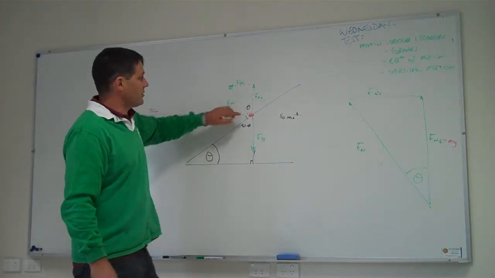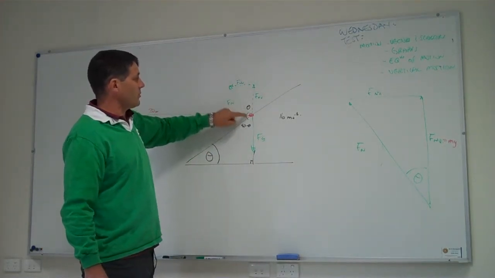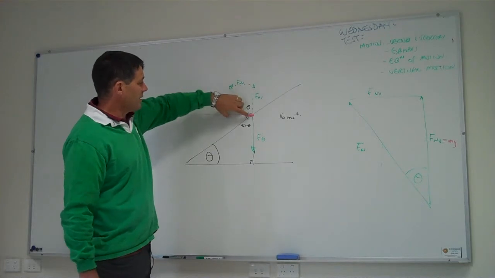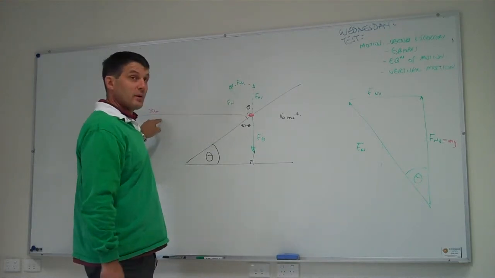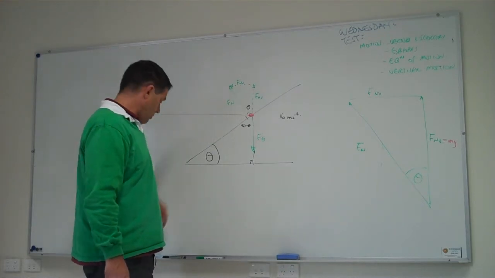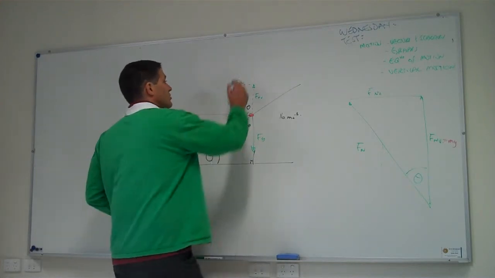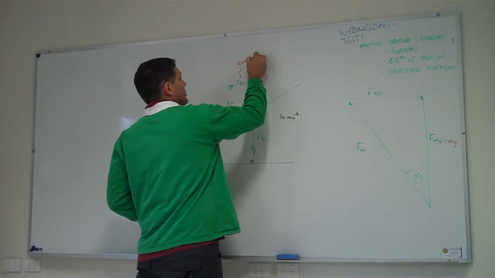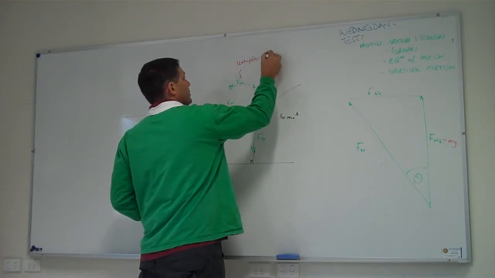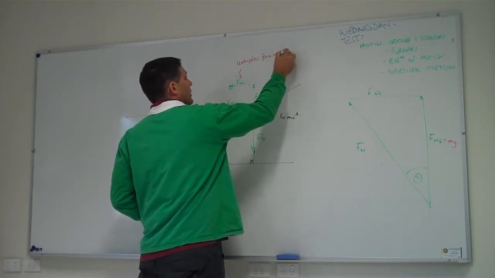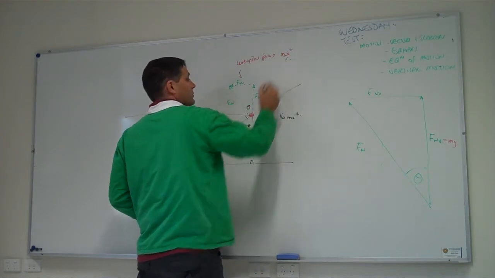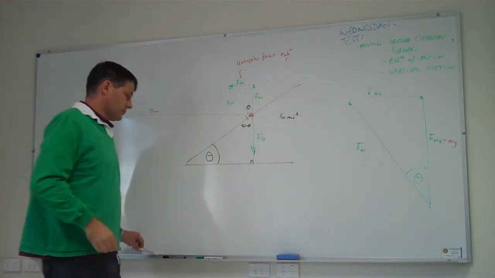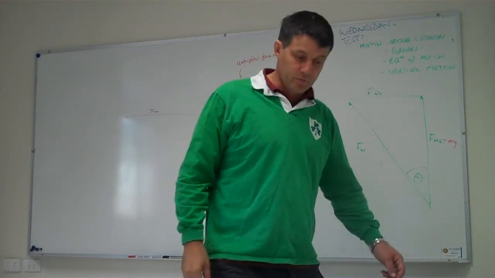Now, the component of the normal force that is coming this way is going to be the force that's pulling it out this way. So that is going to be the centrifugal force, which equals mv squared on r.